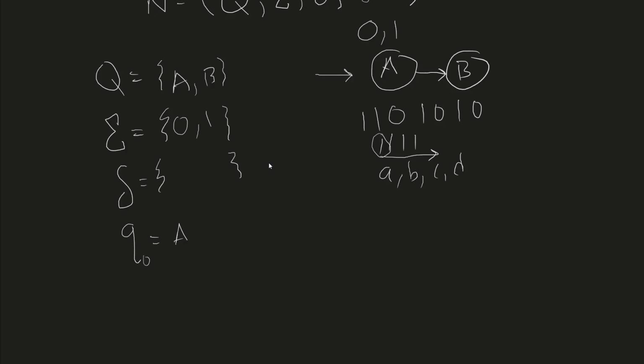So our next element is the final states, the accepting states. And this takes in a set of states. So we can have more than one accepting state. In this case, to make it simple, let's make B our accepting state, represented by a double circle. We can also make A our accepting state, but to simplify this, let's make B our accepting state.